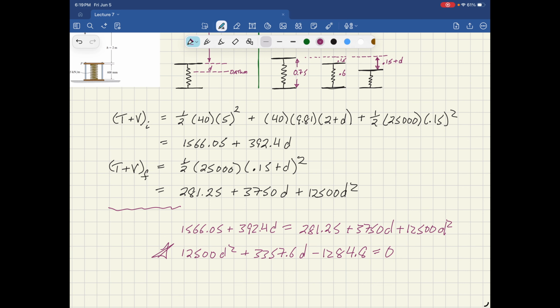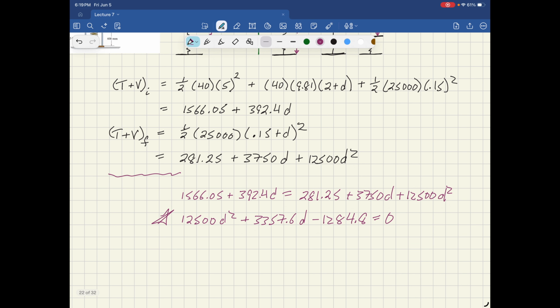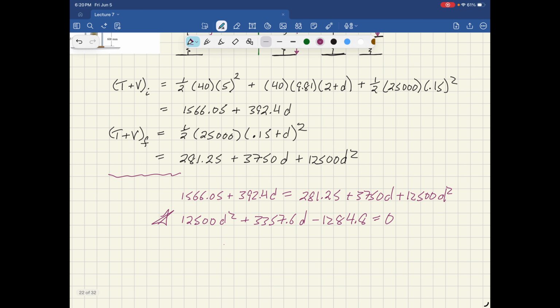But we end up with our answers. Since it's a quadratic, we end up with two answers. So we get D equals 0.213 meters, and D equals negative 0.482 meters.